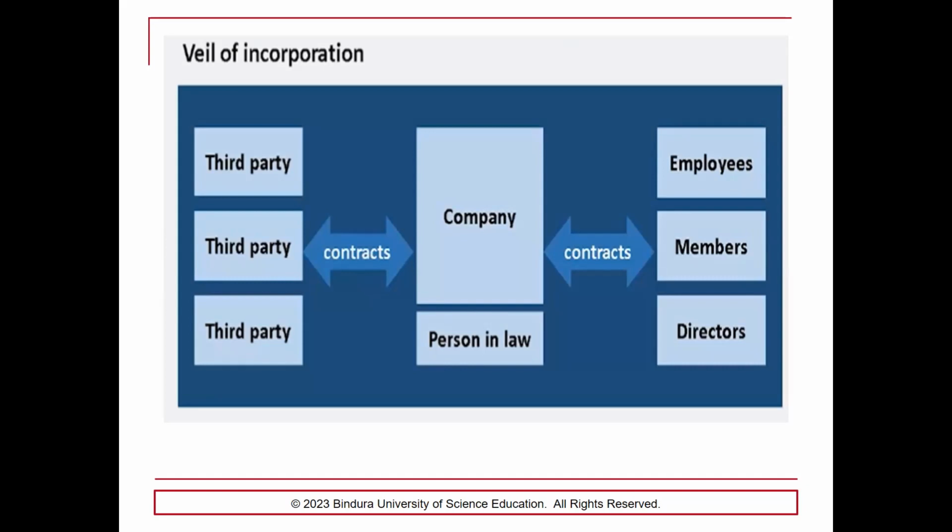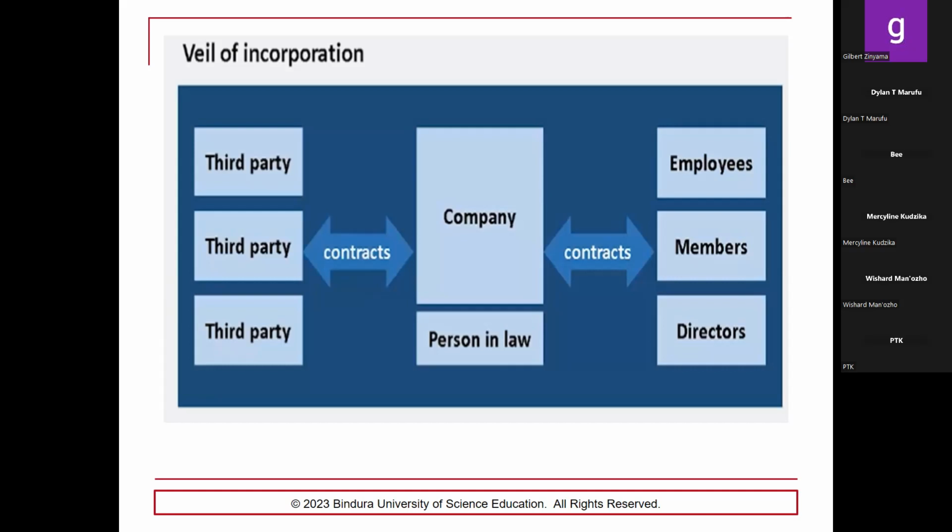Right. So we've said individuals and partners are liable for the debts of the business that they own, which means in the event that the business fails to pay, you are going to be liable individually to pay the debts that the business would owe. Now, you can decide to incorporate your business as a company. If you do, the company itself is considered a person in law, which means it can enter into contracts as a company without you as individuals becoming part of the contract.